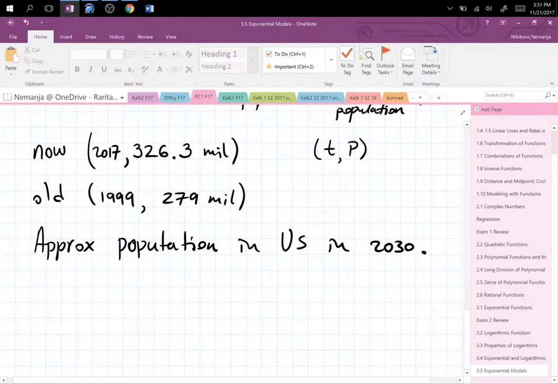So first of all, I don't want to work with these 1999 and 2017. What we can do is pick the smallest year and keep that as the initial case, and then count time from that point on. So set t equals 0 at year 1999.